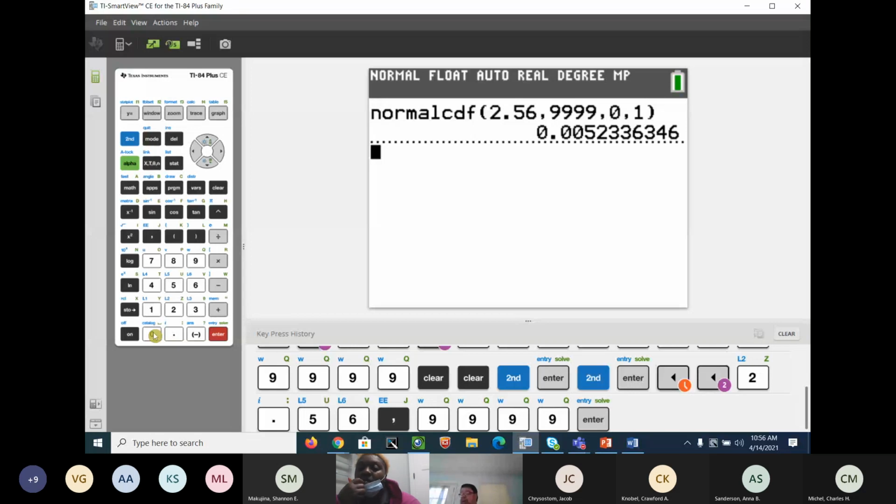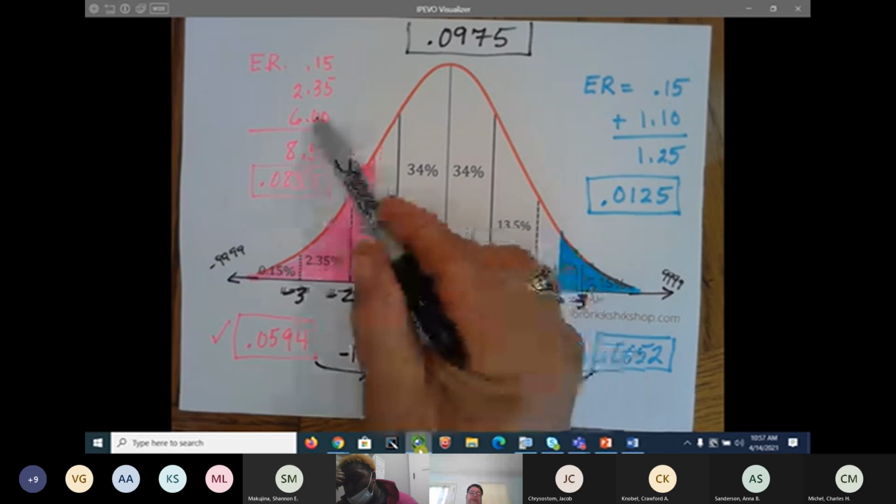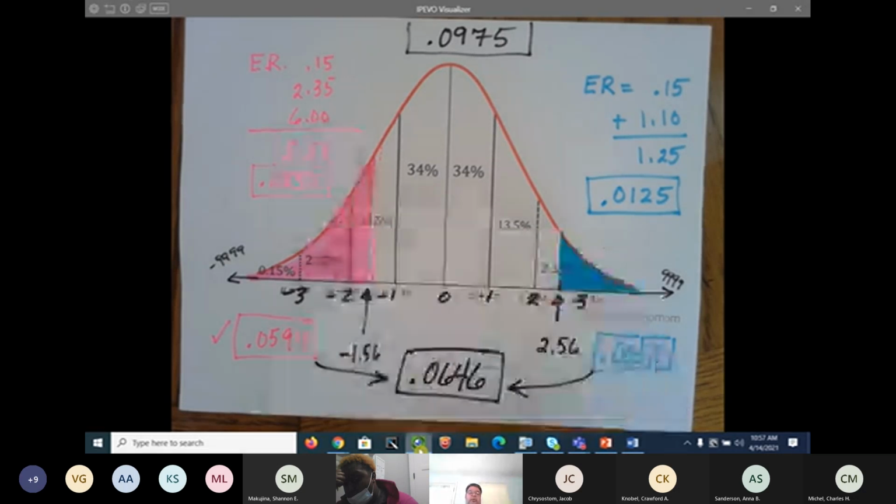So 0.0975, I was a little bit off, and I'll tell you why I was off. Because I should have took off more than just 0.75 here, where I did the 6. I should have put a 5 here and said that was 5%. That's what I should have done. So let's type in 0.0646.